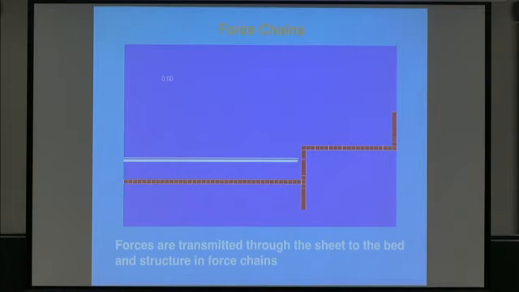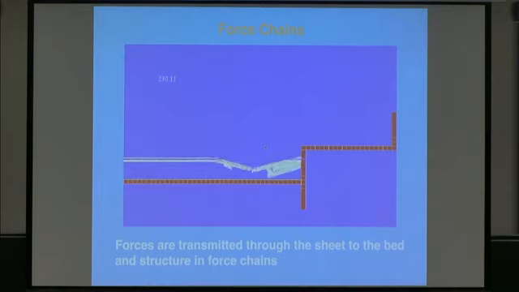Okay, so if you were able to get inside this ice mass and actually see what was going on, what you would see was force chains being transmitted through chains of ice blocks into the ground, carrying the weight of the structure, and into the structure itself for the force pushing on the structure. So that's what this simulation is trying to show. What we've done is color the force black.